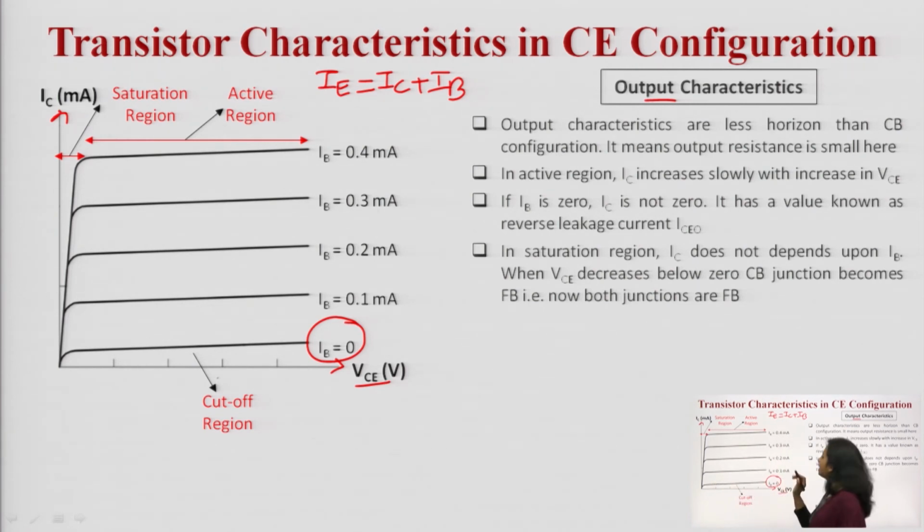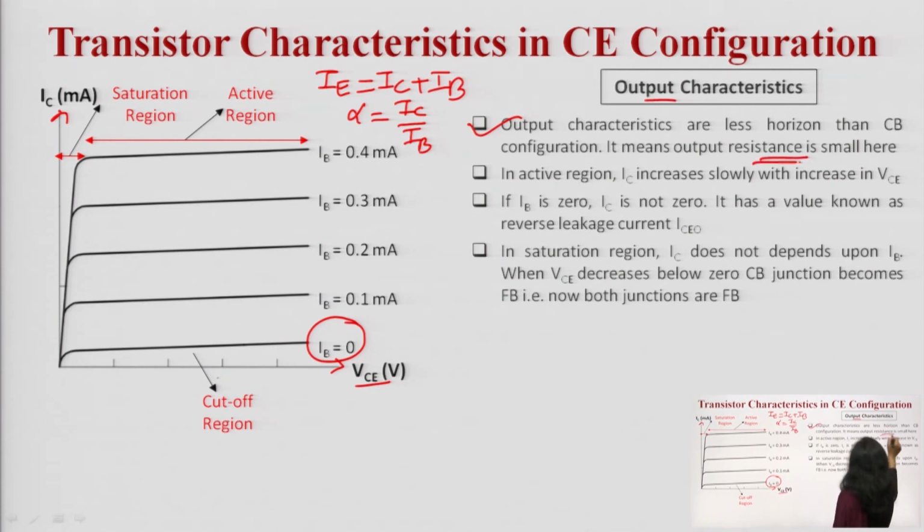You know that beta is IC over IB, so for this particular value of IB, you can calculate IC, that many times. Here you can see this particular curve is not straight, it is relatively slanted. So here output characteristics are less horizontal than the common base configuration. It means here output resistance is small.